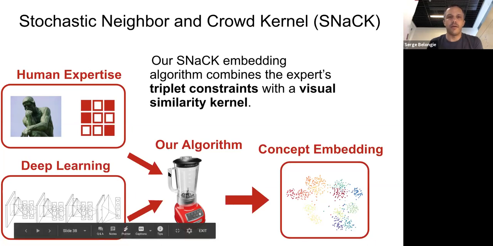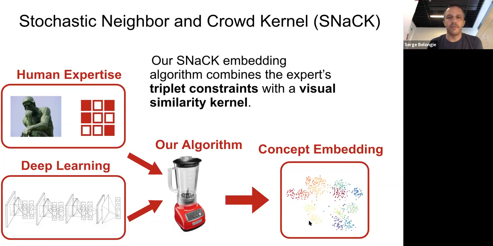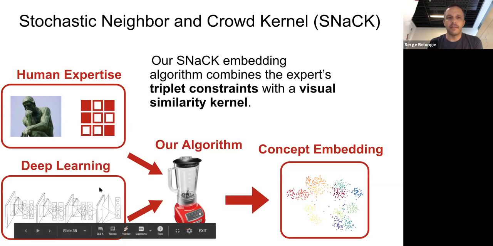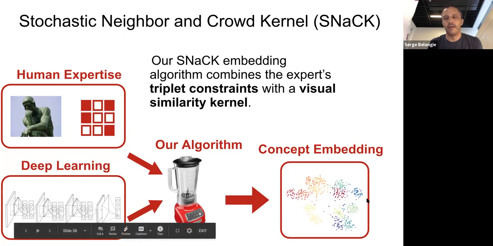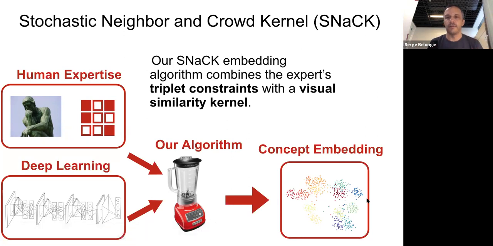And we can adjust that weight so that the human expertise impacts the low dimensional embedding that we produce. So this by itself would just produce the kind of pixel-based features that would lead to some kind of concept embedding. But the human expertise pathway has the ability to pull on that embedding and move things around according to subtleties of human perception.